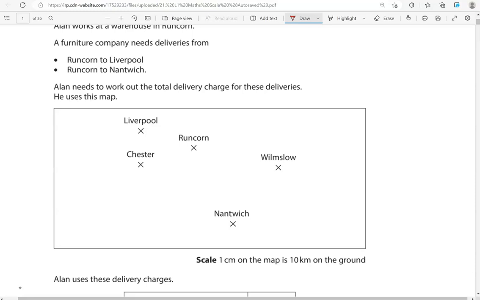So the first thing to do is to measure the distance with a ruler. So Runcorn to Liverpool, measuring it with a ruler as printed on paper, this will be 2.7 centimetres.